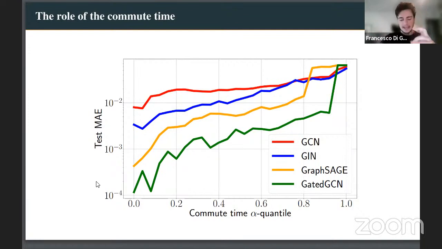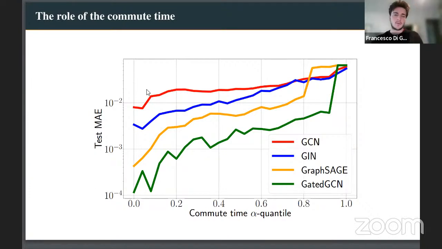But what we wanted to highlight now is, since we're fixing layers and fixing parameters, we are roughly fixing the capacity of the model. Now, all our theory, put in simple terms, is showing that the larger the commute time of the two nodes whose information needs to be mixed according to the task, the larger the capacity needs to be for the MPNN to model such mixing.